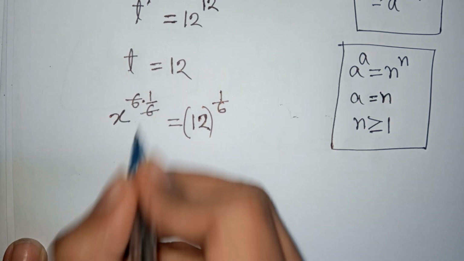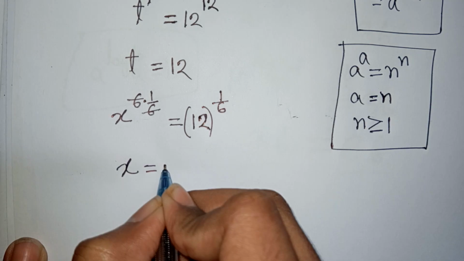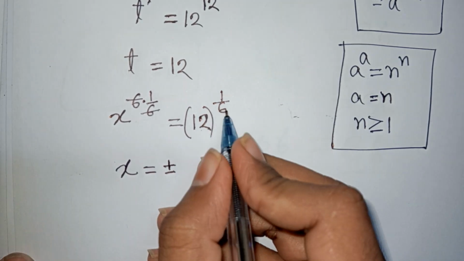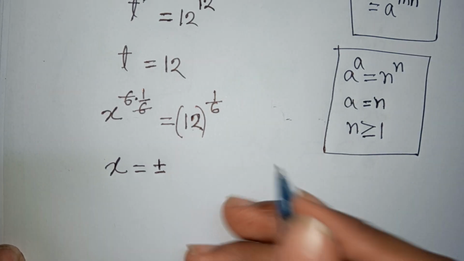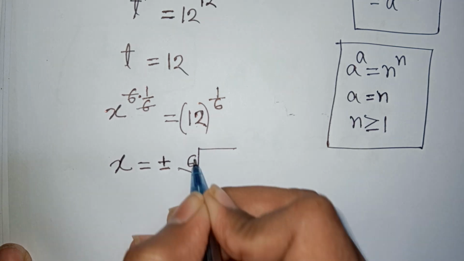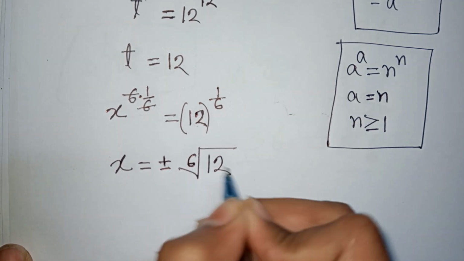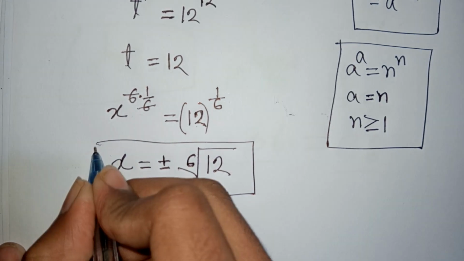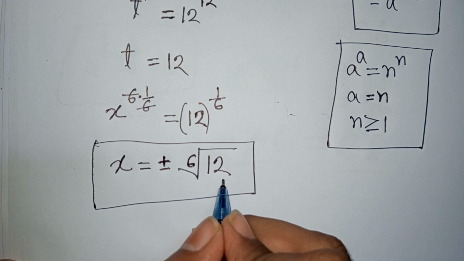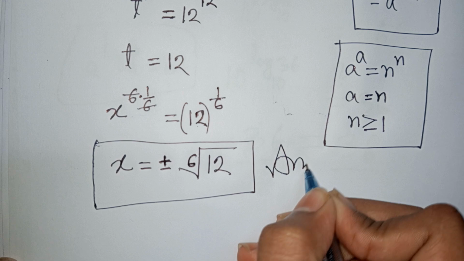So we have x power 1, which is the same as x, is equal to plus or minus 12 power of 1 by 6, which can be written as the 6th root of 12. So x is plus or minus the 6th root of 12, this is the value of x. So this is our final answer.